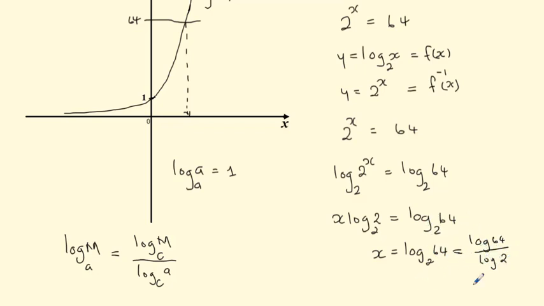Even if you use an alternative base like the natural base, you will get ln of 64 over ln of 2. But if you're not asked to give this answer to any decimal places, you can leave your answer in this form. By then, you should have shown exactly that you know how to solve an exponential equation of this form.